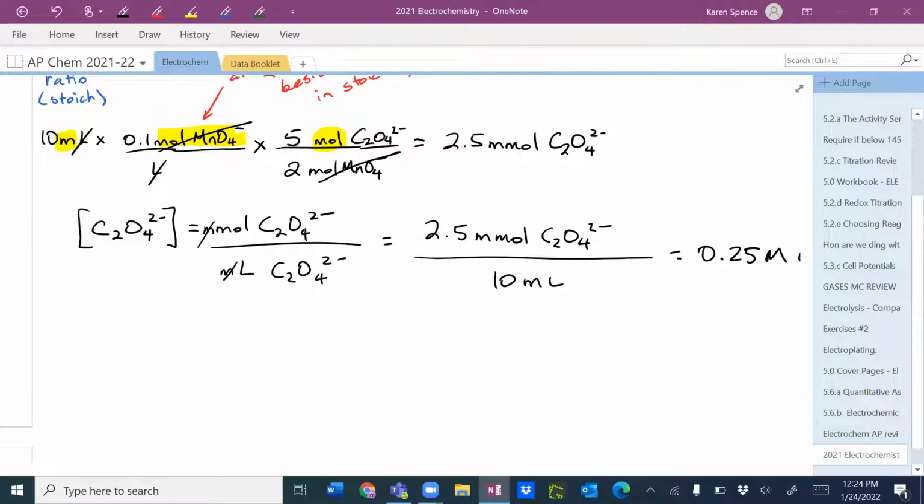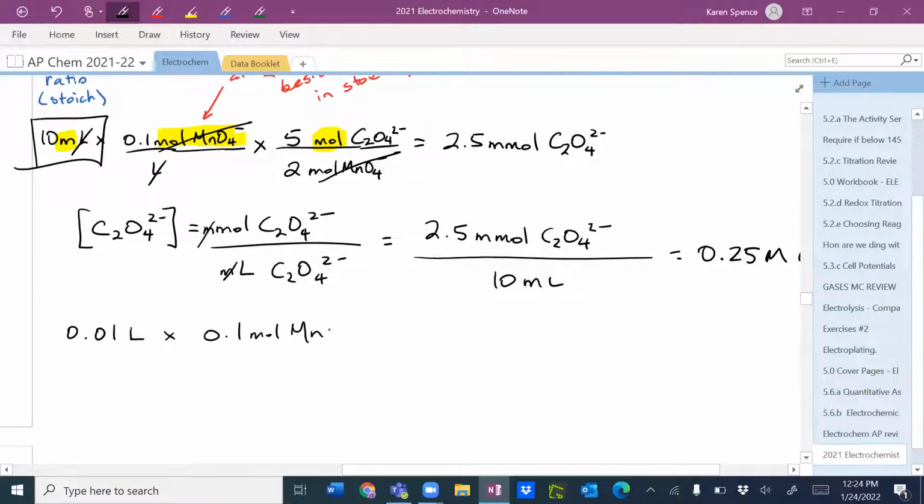So instead of 10 milliliters, we are going to start with 0.01 liters. Okay, so that's our liters times 0.1 moles of MnO4 minus per liter.